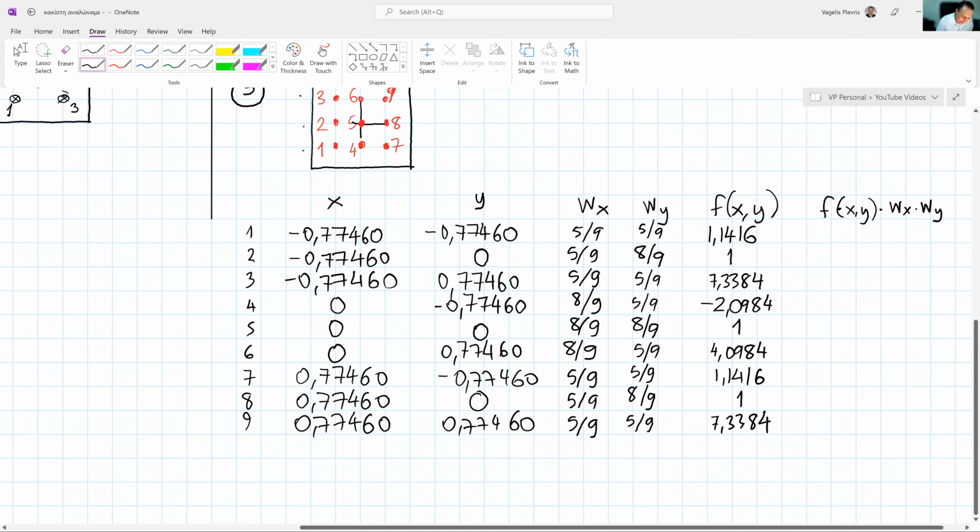Having the values of the function, I can now easily do the multiplication f xy times wx times wy. So I multiply these three values to get the last column for this exercise, and I will simply write the values that you will get if you do this multiplication.